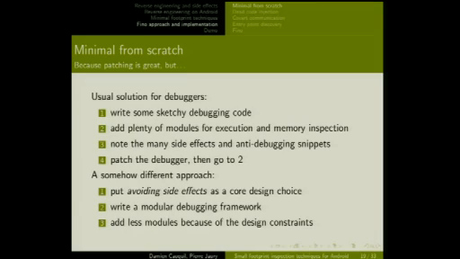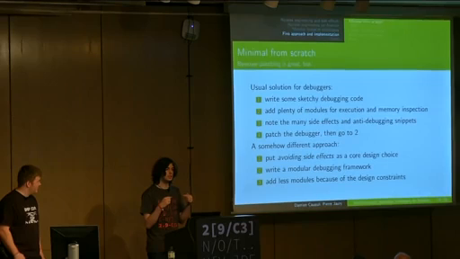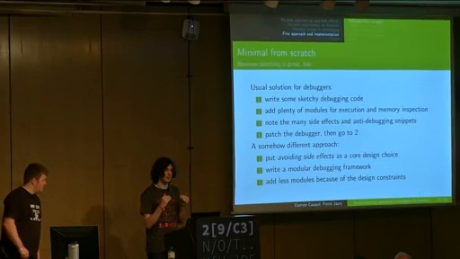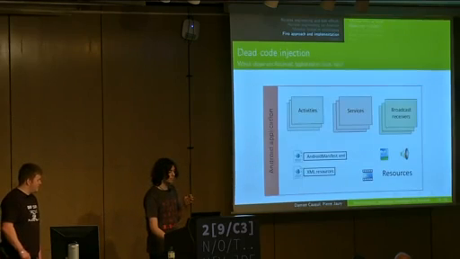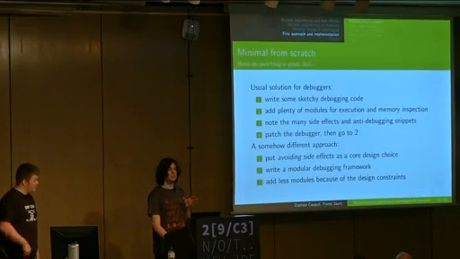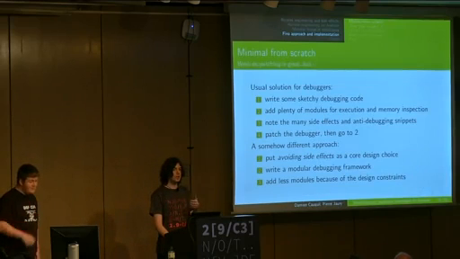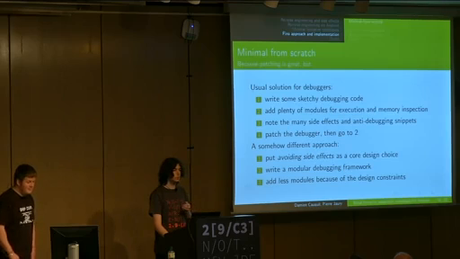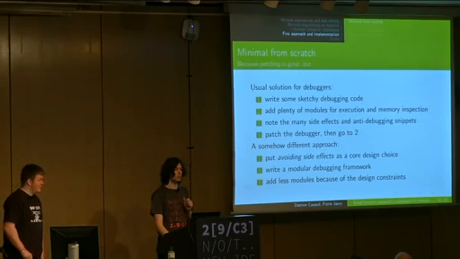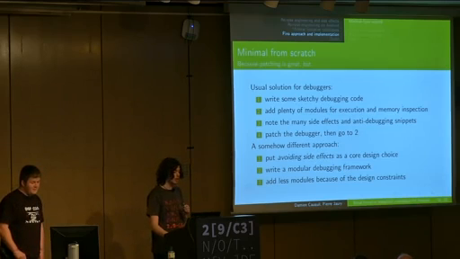We started by avoiding side effects as a core design concept. And then we added functionalities, still avoiding side effects. And by doing that, we cannot go very deep because we always have the problem of side effects, but we can go as deep as possible without the application even noticing it is debugged actually.